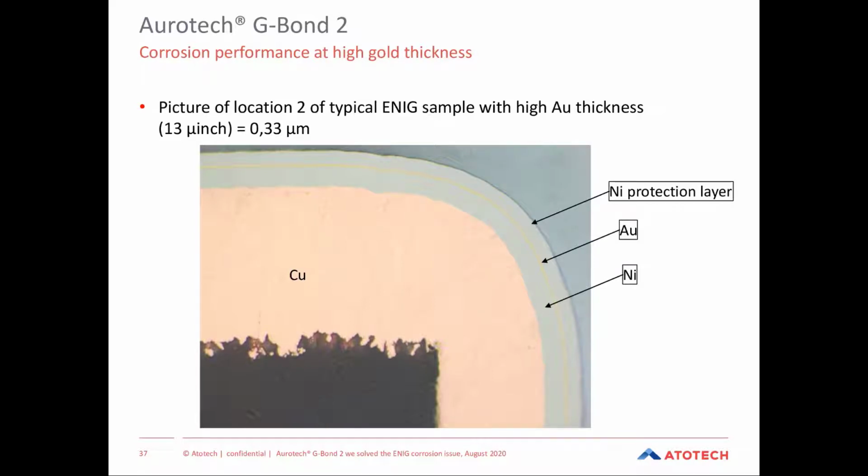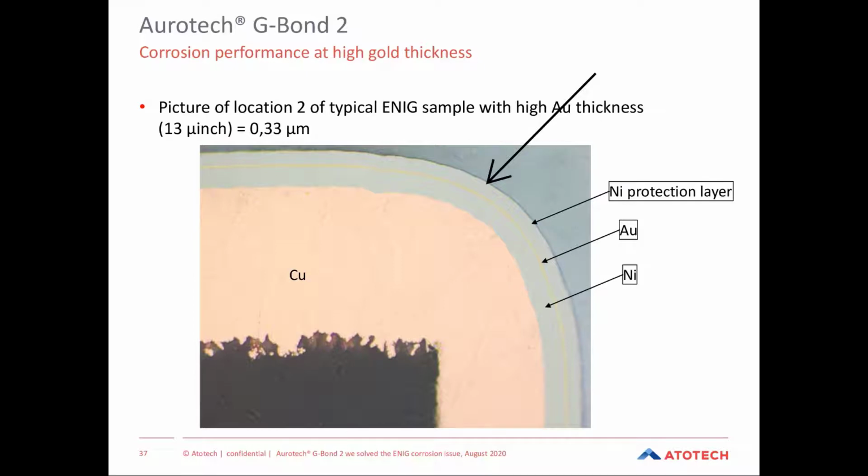Some more exemplary pictures to show how the layer looks. What we typically apply also is a protection layer of nickel, because this helps a lot to detect surface corrosion.